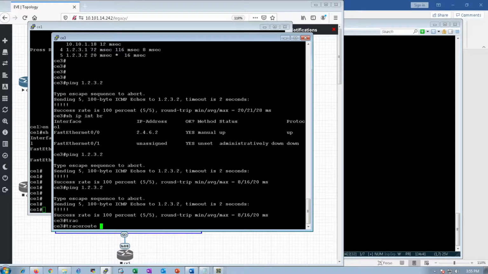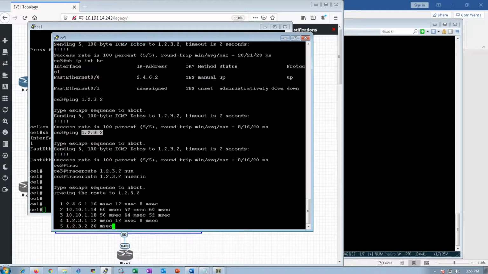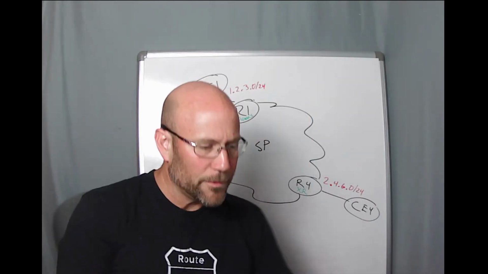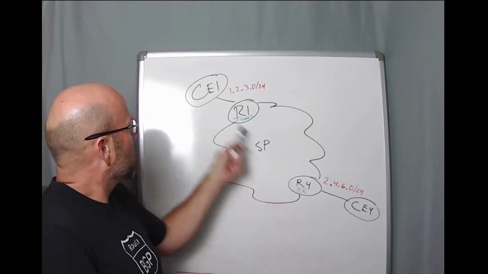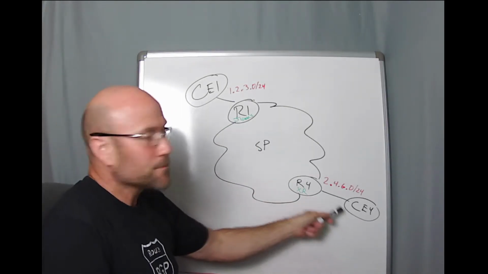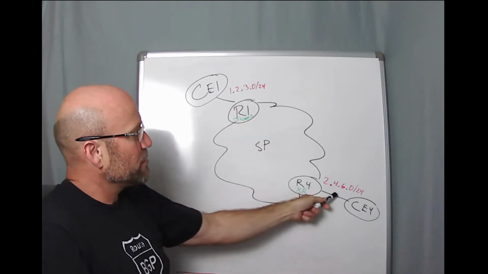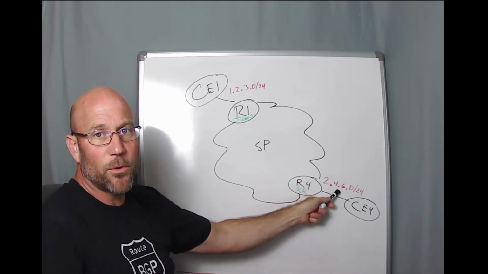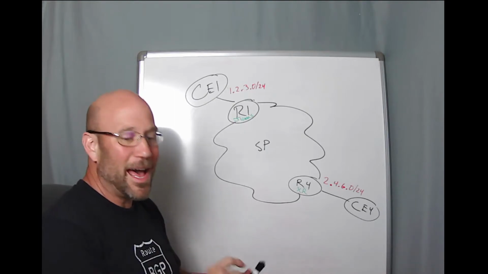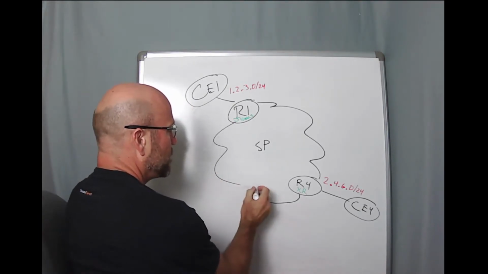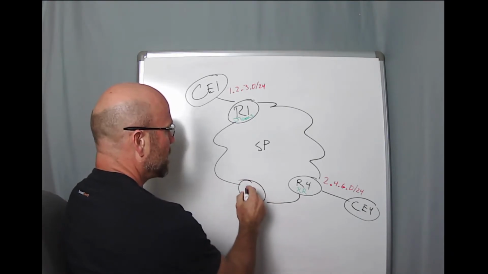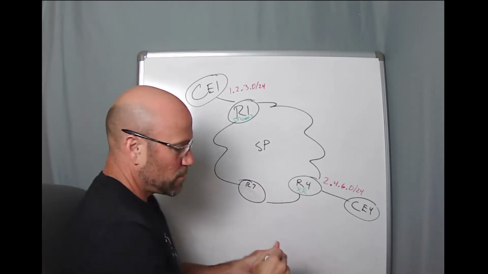Just do a traceroute real quick, just to show that we are trace routing across the provider cloud. And here we are: router 1 Junos, router 4 XR, CE1, CE4, 1.2.3.0/24, 2.4.6.0/24.